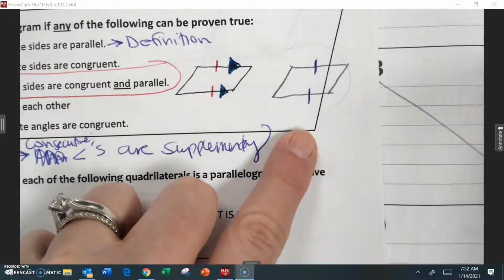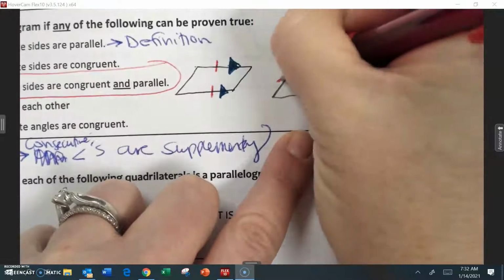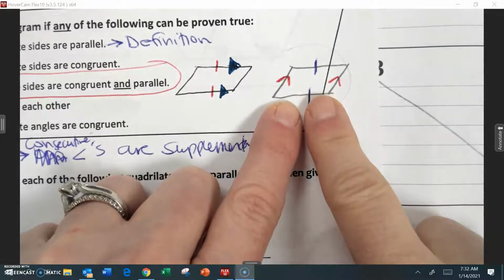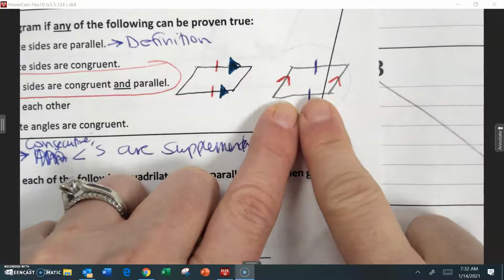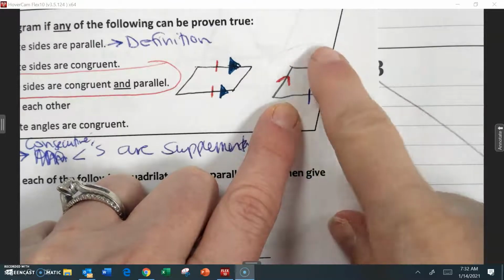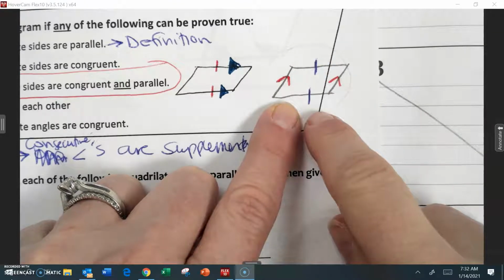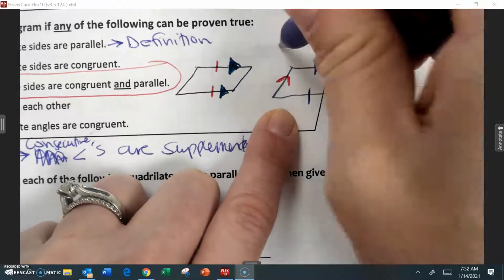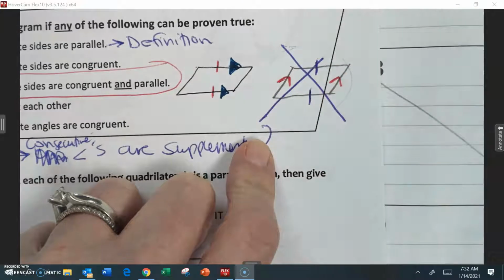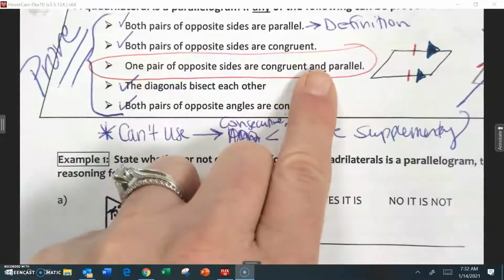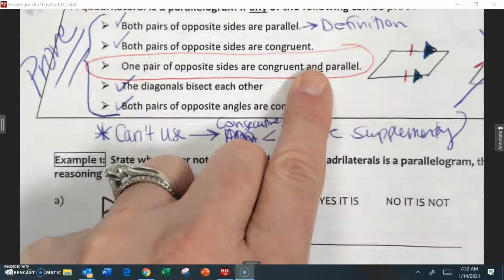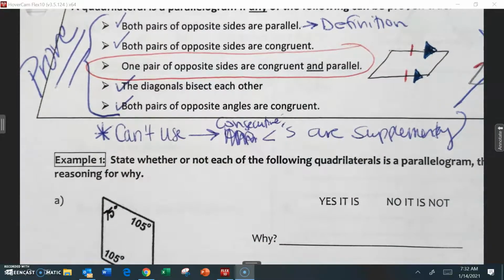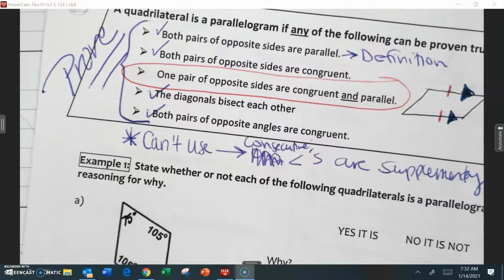But what if it has this? Some students are like, yep, and I'm like, nope. This shows that this pair is congruent, and then the other pair is parallel. And that, y'all, is not what this new kind of thing is getting at, okay? So as we go through these examples together, let's make sure that you have the right answer, okay?